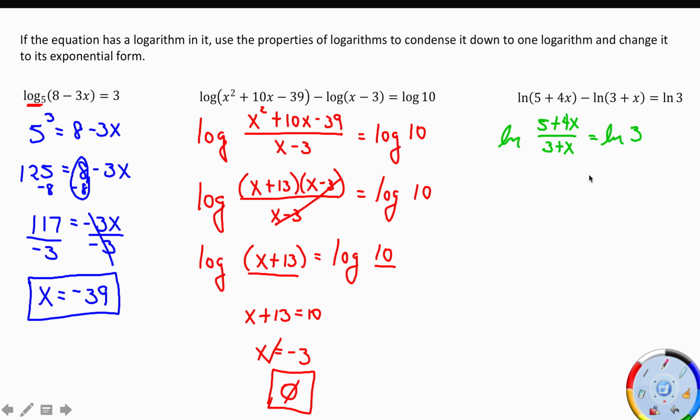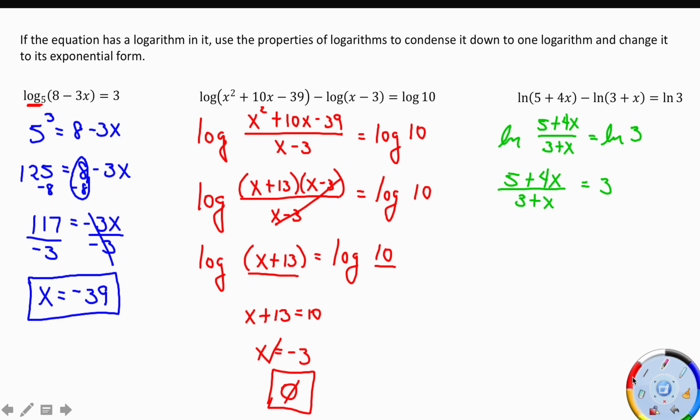And at this point, again, I recognize, hey, if the natural log of this is the exact same thing as the natural log of that, then this has to equal that. And I've got a simple rational equation that doesn't involve logarithms that I can now solve.